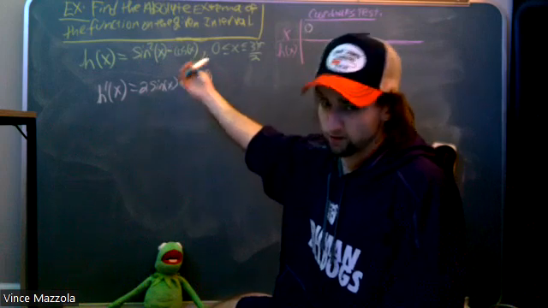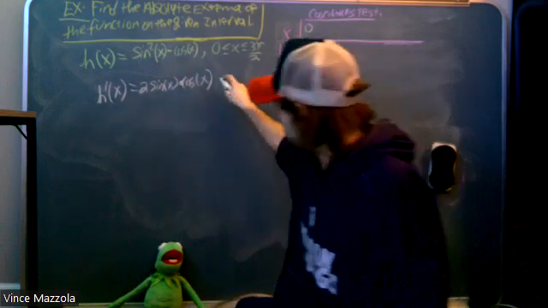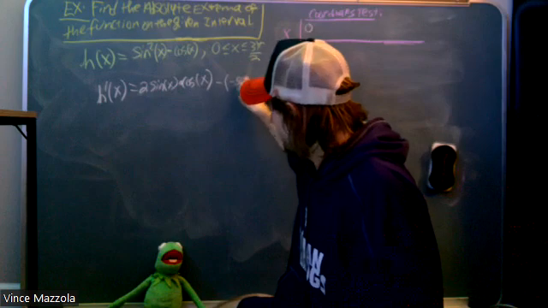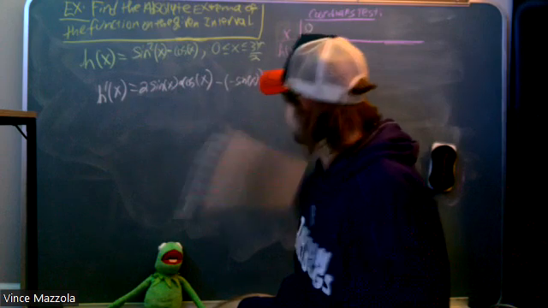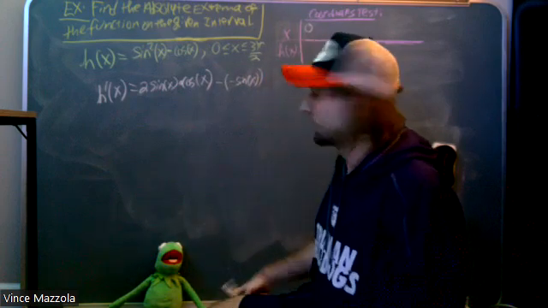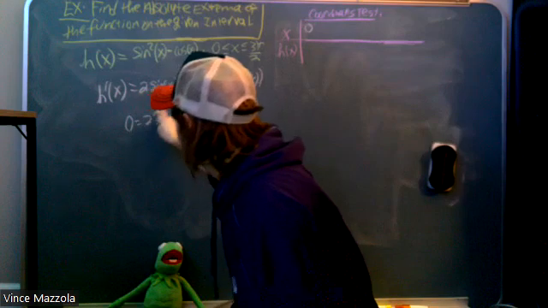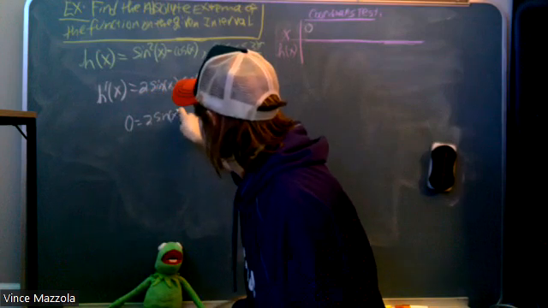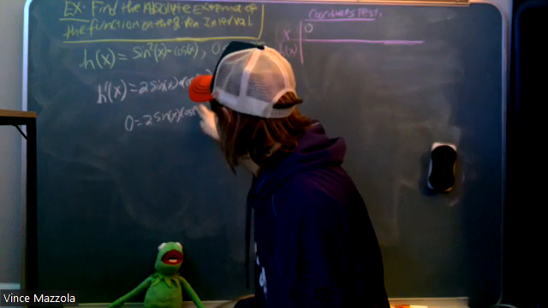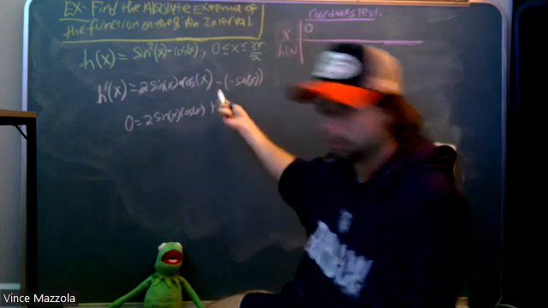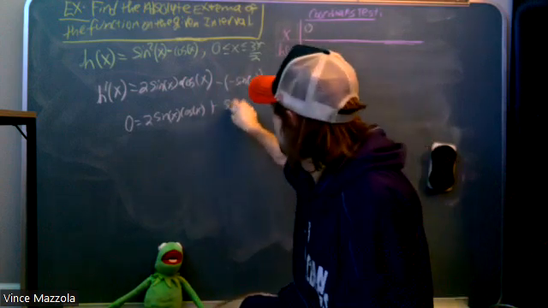Minus, and then the derivative of cosine is negative sine, so minus negative sine of x. Cool. So now rewriting and setting h prime equal to 0: 0 equals 2 sine of x cosine x plus sine of x, because minus negative sine of x.